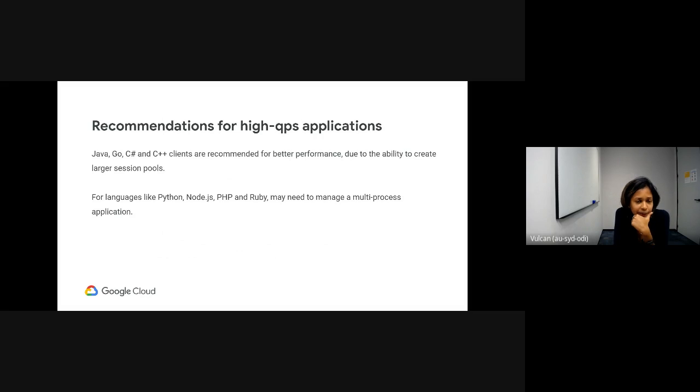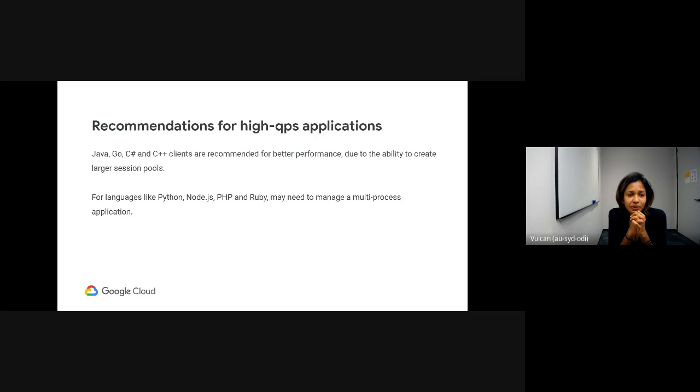And the last thing I want to talk about before I hand off to Thiago is, what if you have a high QPS application? This session pool that I've talked about allows you to send that many, as a maximum, concurrent requests to Cloud Spanner.